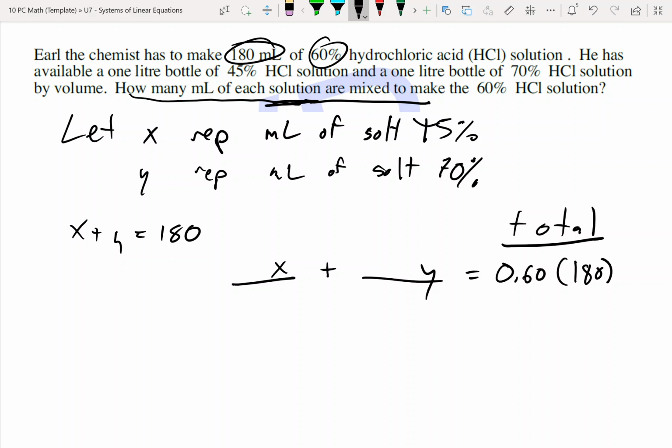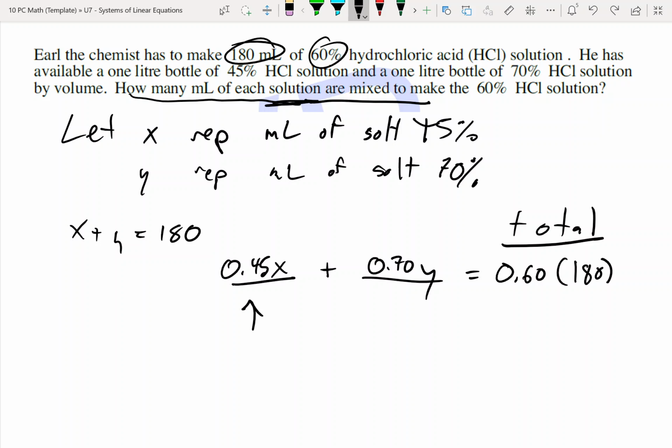Just like the last question, we're not just going to mix the milliliters, we need to mix by how concentrated it is. So this is going to be 0.45X, this is going to be 0.70Y. This is how much percentage we're going to get because it's the percentage times the amount.